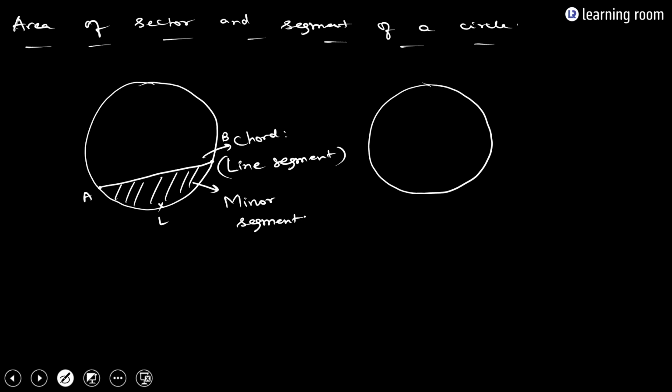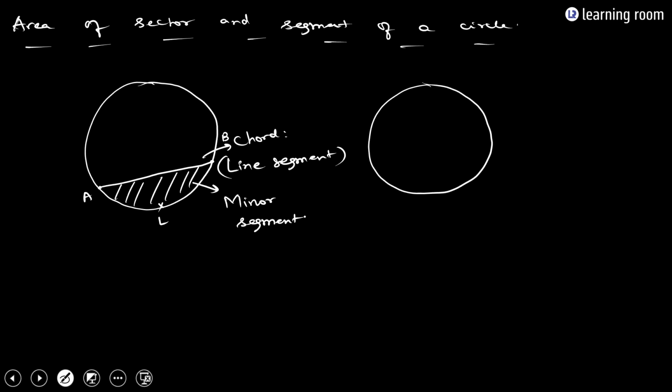So segment is a portion, right? So why do you call it as minor segment? Because if you take a circle, that circle can be broken into small chunks with the help of a chord. Am I clear?